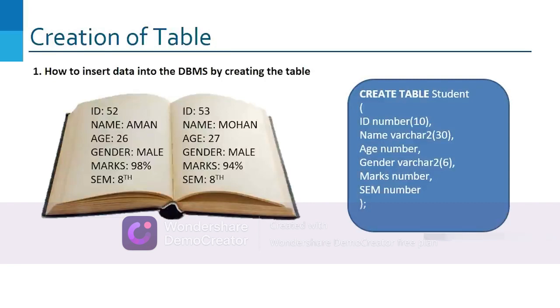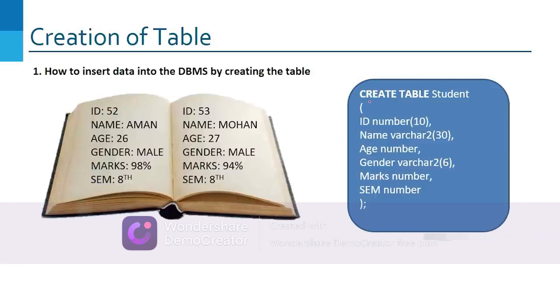Okay, so what we are writing here is create table student with all the fields in it. Not only the fields, but we also have the data types, plus the maximum number of letters or digits you want, those things. Let's understand one by one.